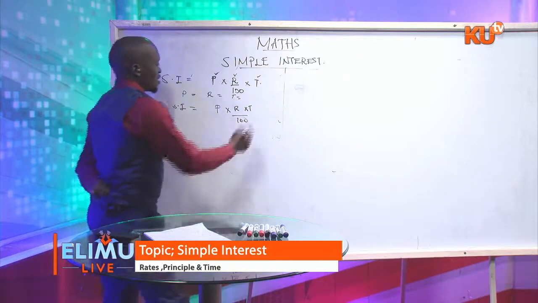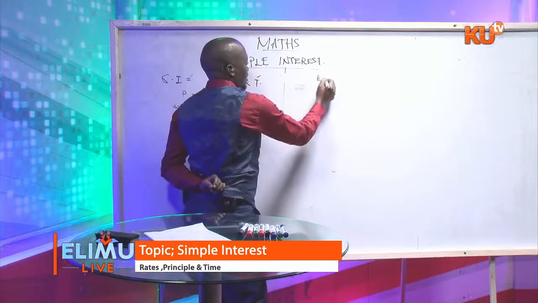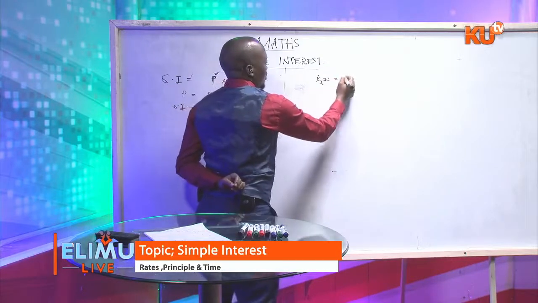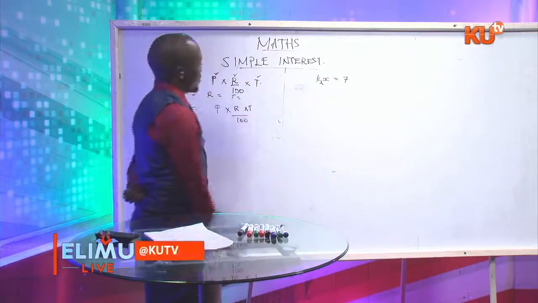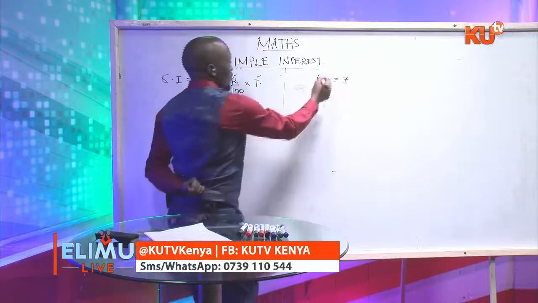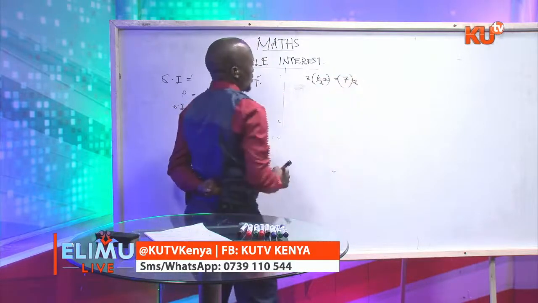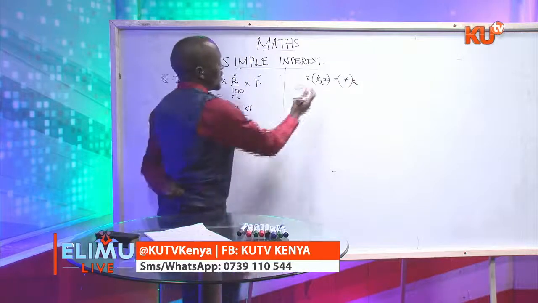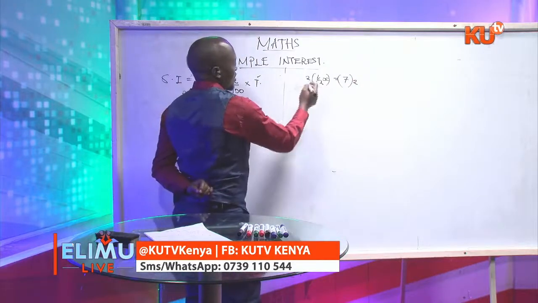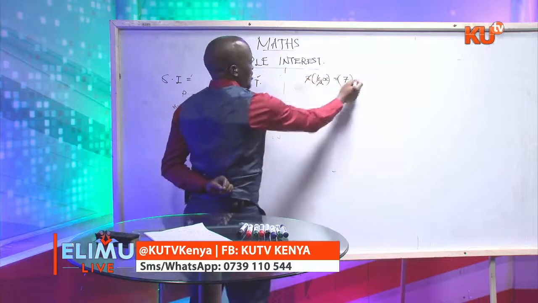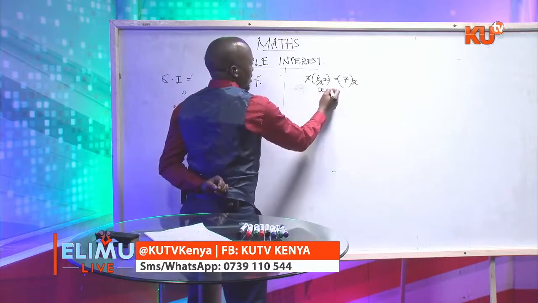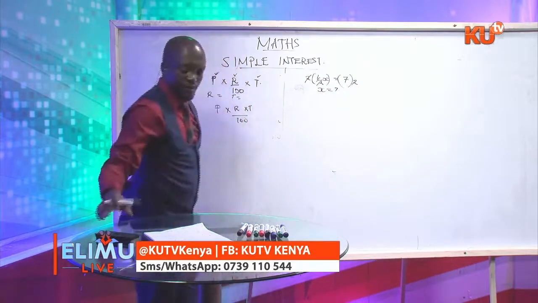Like there's something that you are always taught, that half x is equal to 7. And we are told to find the value of x. So here, we are going to eliminate the denominator by multiplying both sides by the denominator. So this one will cancel with this. So we find that x is equal to 7.